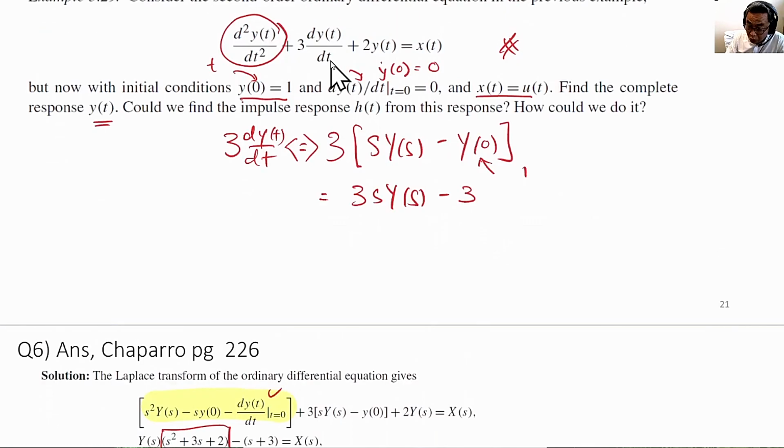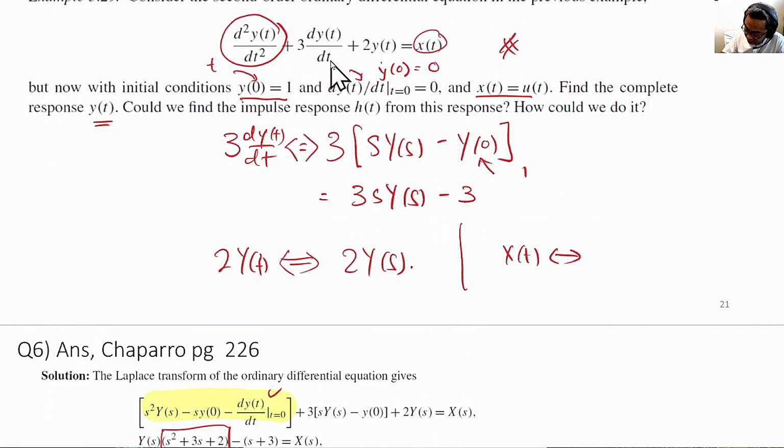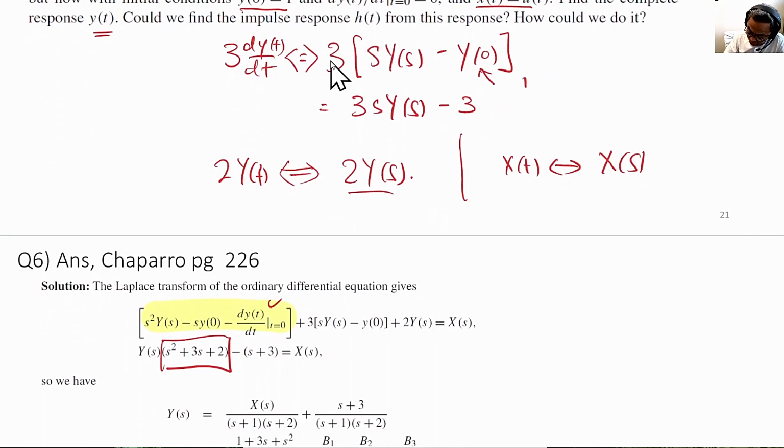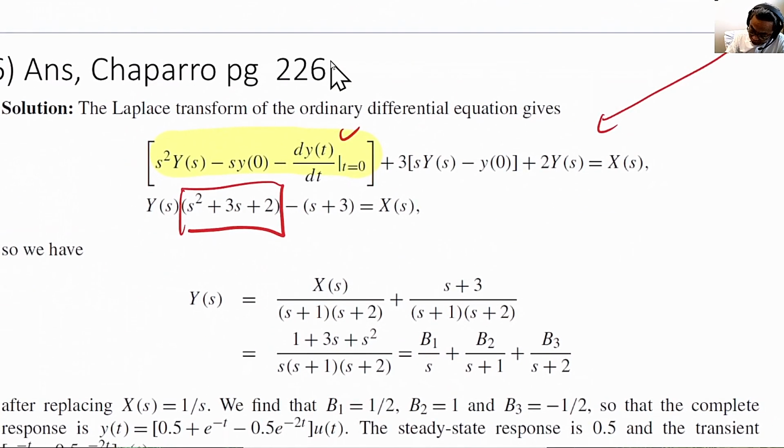And what about 2y(t)? The Laplace transform is 2Y(s). And x(t), the Laplace transform is simply X(s). So let's substitute all we have found into this expression.